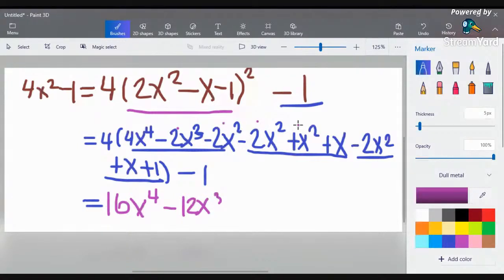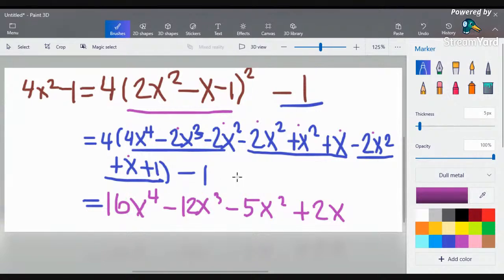Plus 1x squared, that becomes negative 3x squared. Minus 2x squared, that becomes negative 5x squared. Let's combine all the x's. x plus x becomes 2x. And lastly, we have 1.